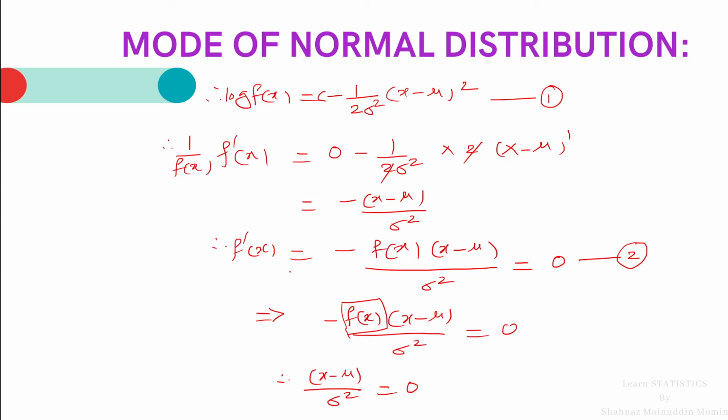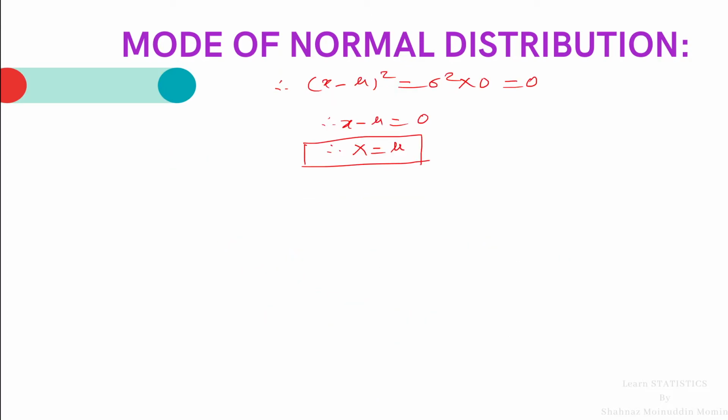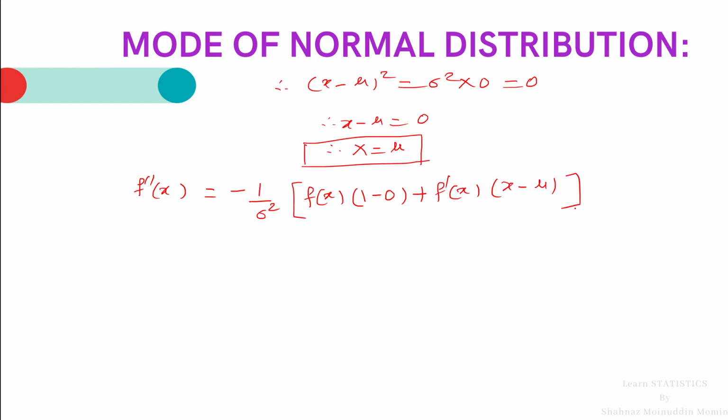Again we get f double dash x is equal to minus 1 by sigma square into f of x into 1 minus 0 plus f dash x into (x minus mu), which is equal to minus f of x divided by sigma square minus f dash x upon sigma square into (x minus mu).